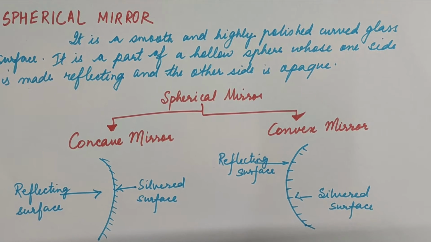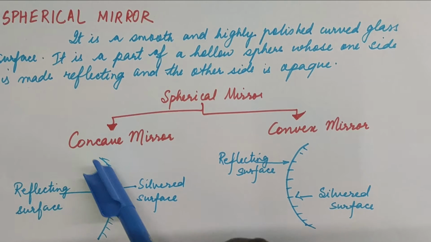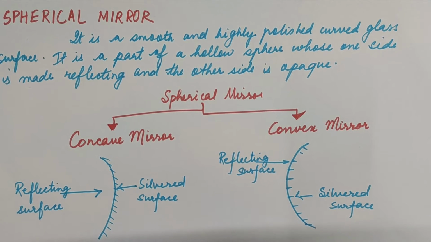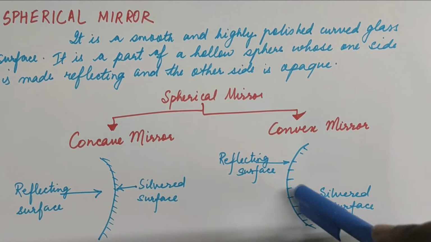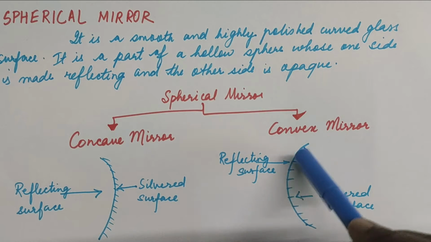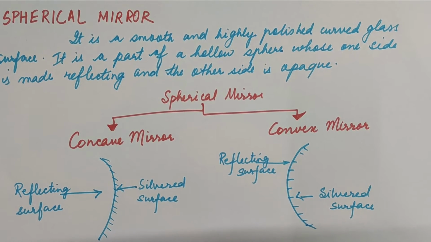The concave mirror is a spherical mirror which is polished from outside, so the inner hollow surface acts as a reflecting surface, whereas the spherical mirror whose inner hollow surface is polished and made opaque, so that the outer surface is reflecting, is a convex mirror.